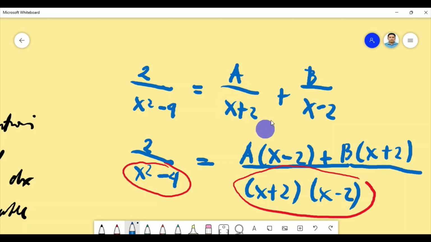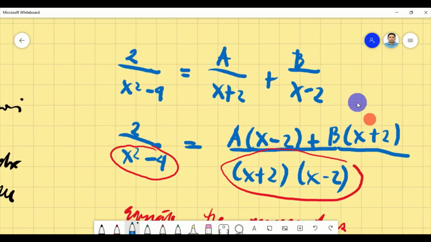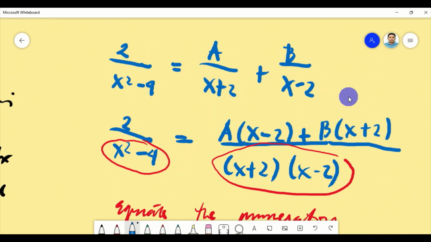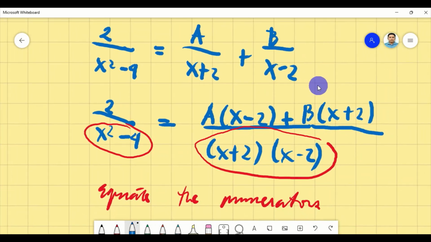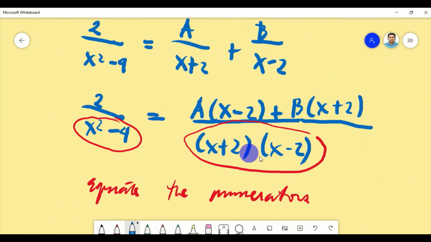As I mentioned earlier, we are applying here a decomposition method. We need to add a over x plus 2 and b over x minus 2. So the LCD is x plus 2 times x minus 2.